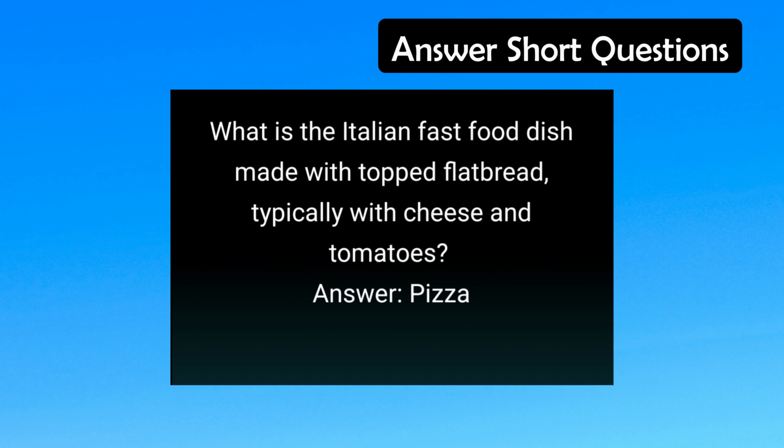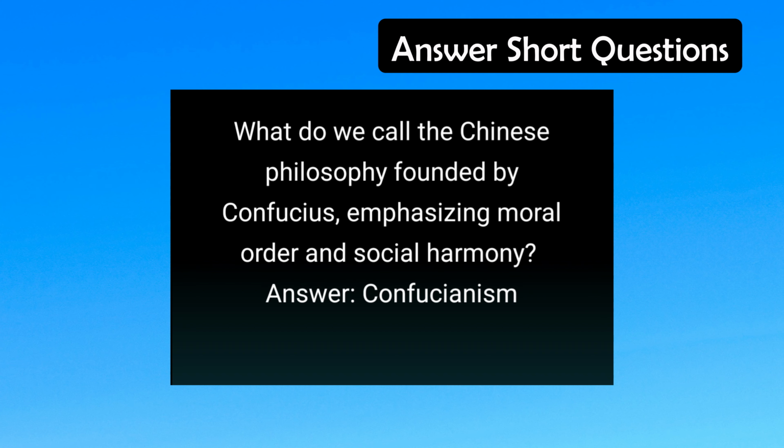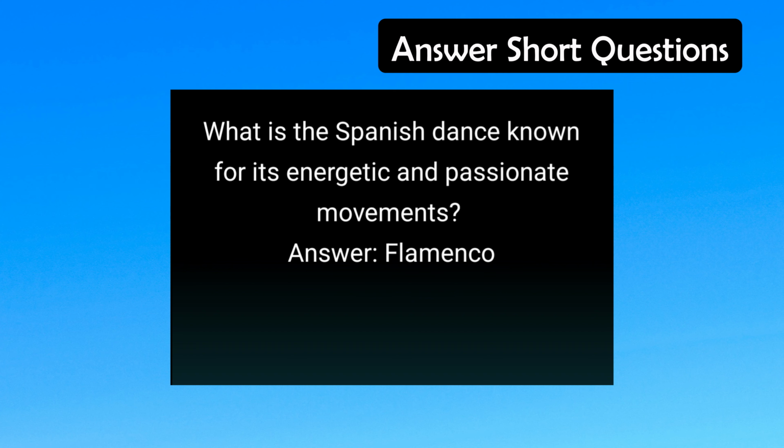Answer: pizza. What do we call the Chinese philosophy founded by Confucius, emphasizing moral order and social harmony? Answer: Confucianism. What is the Spanish dance known for its energetic and passionate movements? Answer: flamenco.